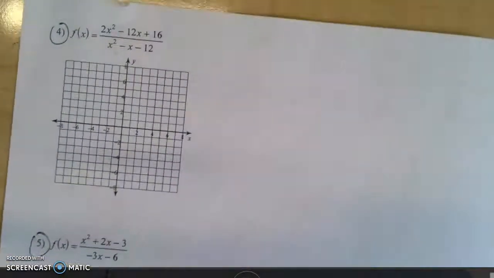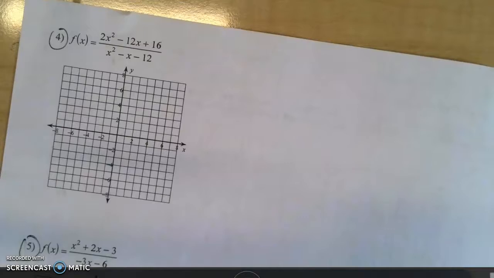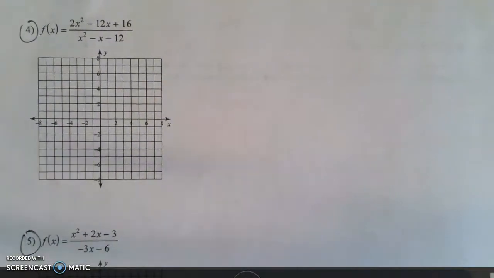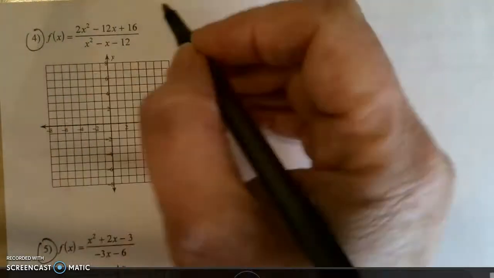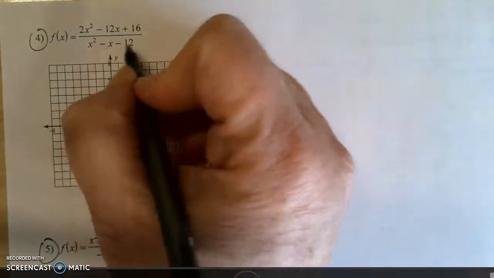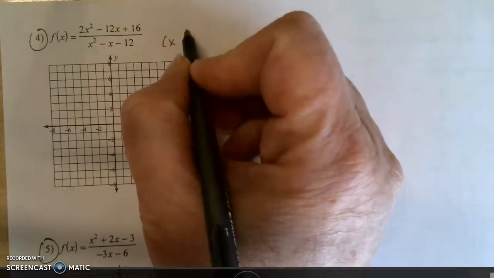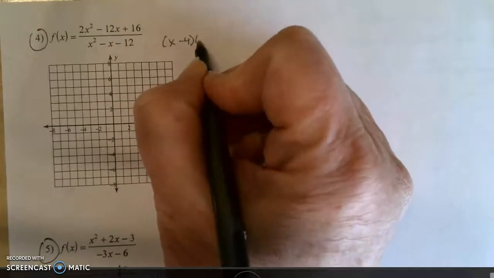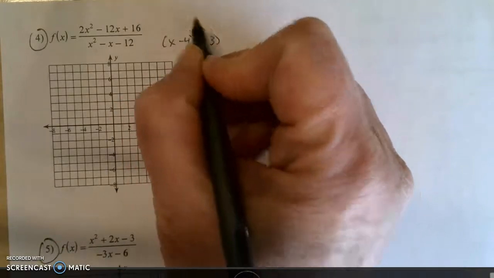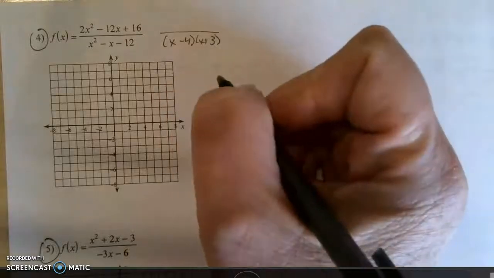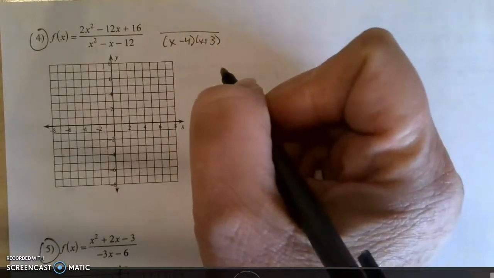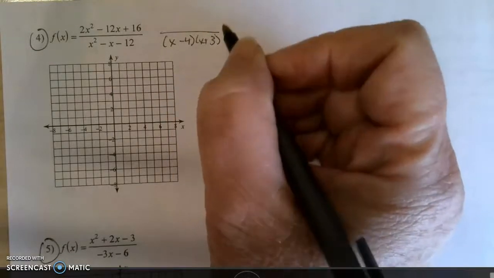We are going to take a look at 4 and 5 together. And I chose these on purpose. So I'm going to factor. I'm factoring to get intercepts, to get holes, and to get my asymptotes.